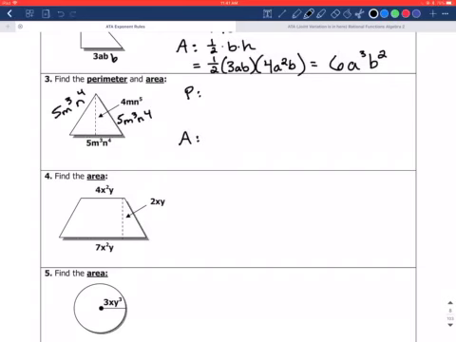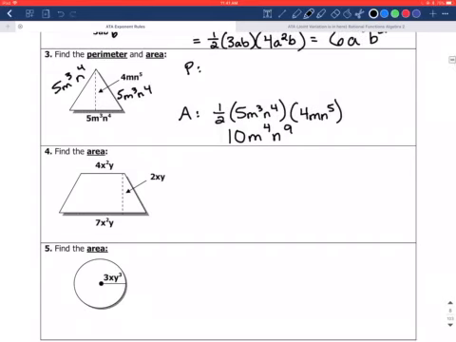But I'm more concerned with the area, and honestly more concerned with not drawing this video out too long. So 1/2 times the base times the height is how we would set that one up. 5 times 4 will give you 20, times 1/2 will give you 10. That'll be m to the 4th and n to the 9th.